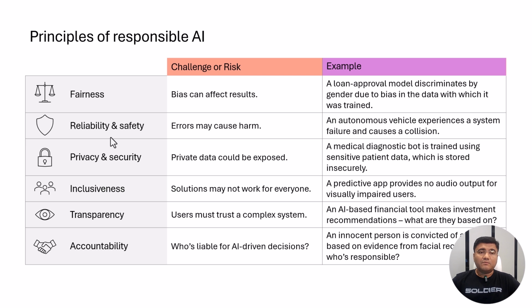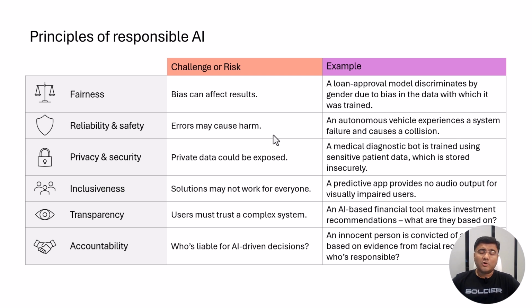In the same way, you have to take care of the second principle, which is reliability and safety. There are chances that your AI system can cause some kind of error, and because of those errors, it can cause harm to a human being. As an example, an autonomous vehicle experiencing a system failure can cause a collision. If this kind of thing is there, it's a bad thing.